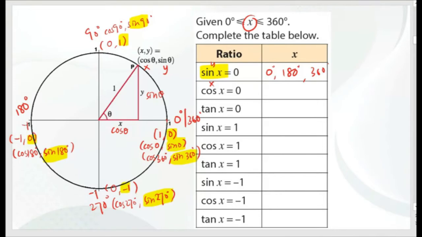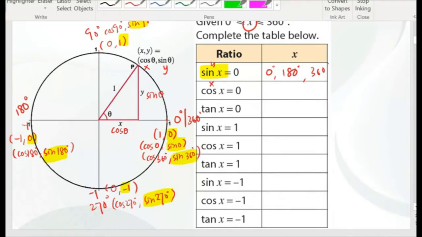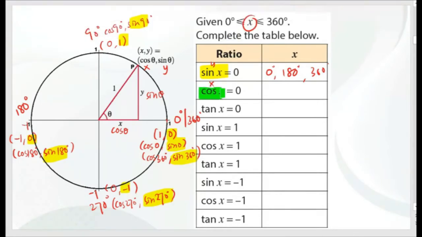Okay, cos x is the x coordinate. Remember, cos is the x coordinate, so now cos x equals 0.